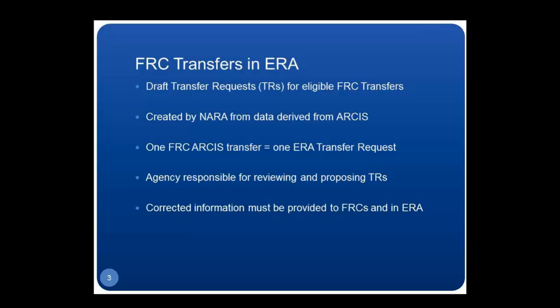One FRC ARCUS transfer becomes one ERA transfer request, or TR, including if you have an FRC transfer that has been broken out, split for some reason, that becomes a separate record in ARCUS. So every separate ARCUS record becomes a separate TR.